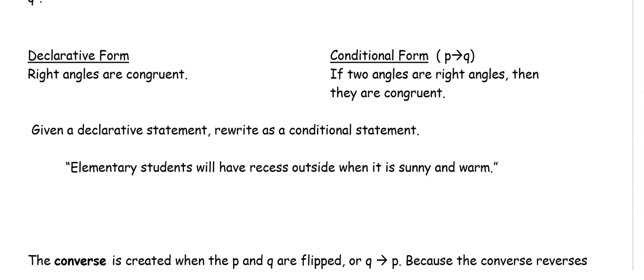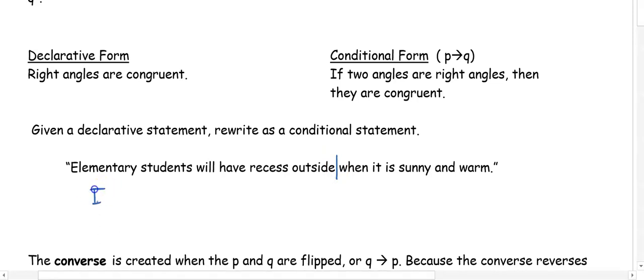So let's take the following given declarative statement and rewrite it as a conditional statement. The declarative: elementary students will have recess outside when it is sunny and warm. If we want to change this into an if then, we need to separate this into 2 parts. One main idea is that they're having recess outside, and one main idea is that it's sunny and warm.